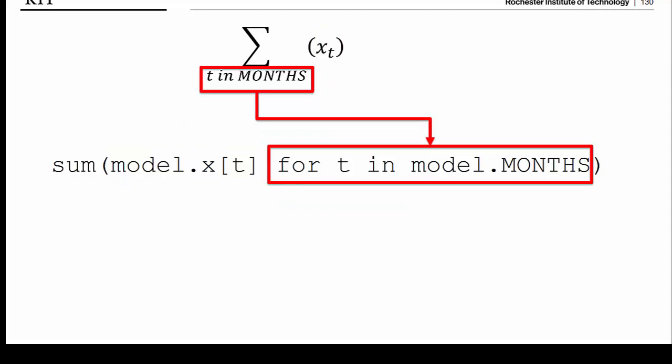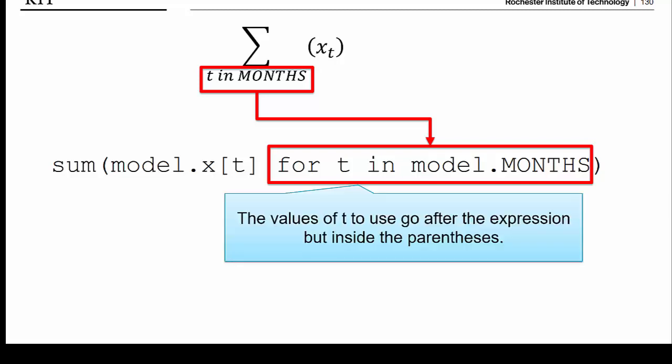So on our paper, it just says t in months. In Python and Pyomo, we write for t in model.months. So we need to specify what values of t we are going to use. And this for t in model.months goes after our expression that we're summing, but it's still inside the parentheses of the sum function.